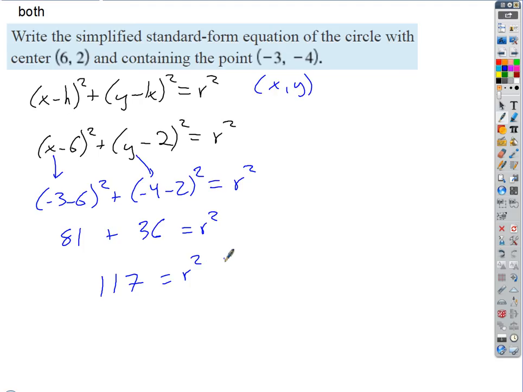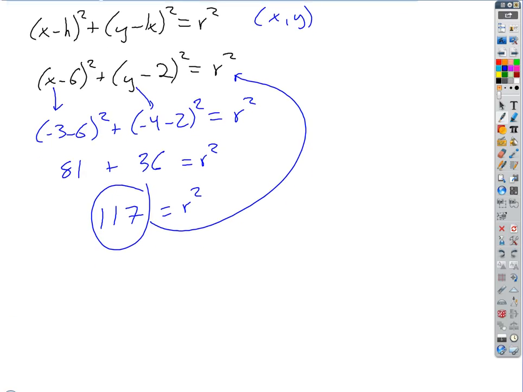And so that's the value that we would plug in on the right side of the equation. So our equation would become, and this is the answer we did put into Moodle, x minus 6 squared. We've got to write this with x's and y's, with the variables in the equation.